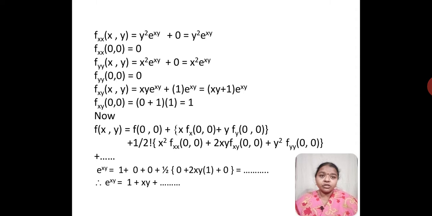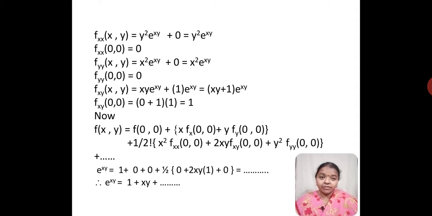When I differentiate e^(xy) partially with respect to x, I get y into y e^(xy), so y² e^(xy), plus the differential of y, which is a constant, so the second term is 0. When I put x = 0, y = 0, fxx(0,0) becomes 0.